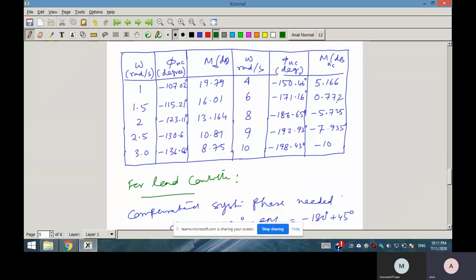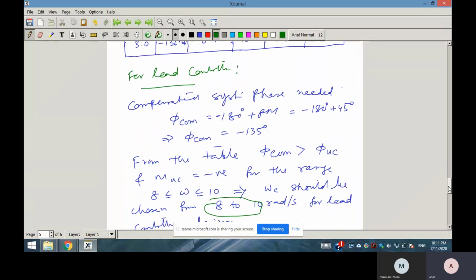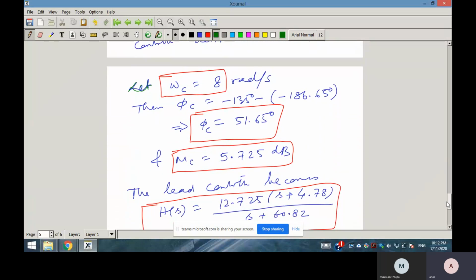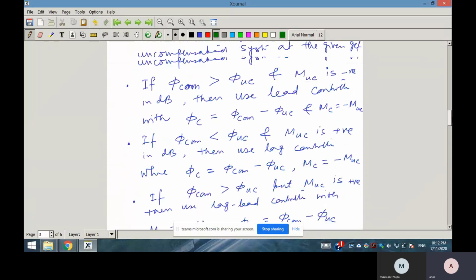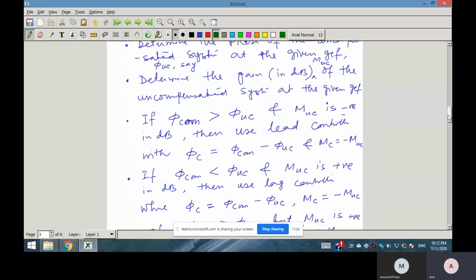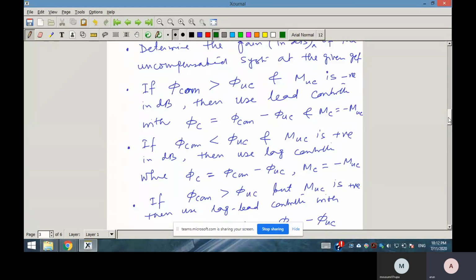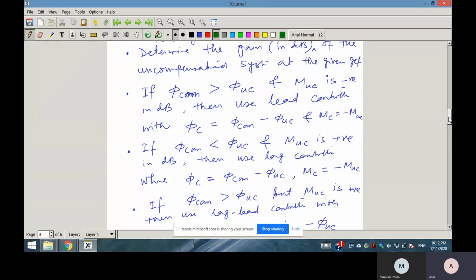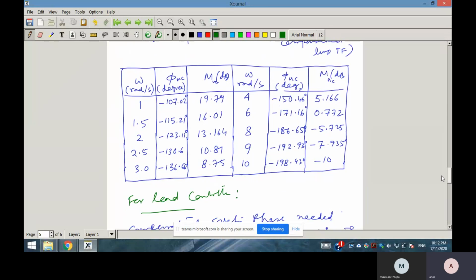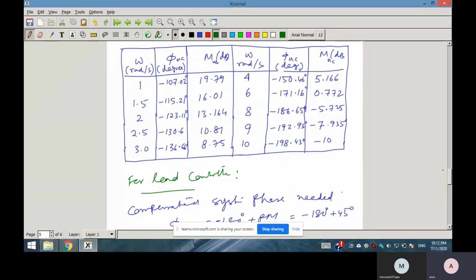But you also have to see where phi UC is more than phi com, that is, more than minus 135 degree.